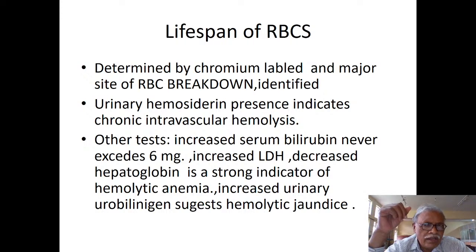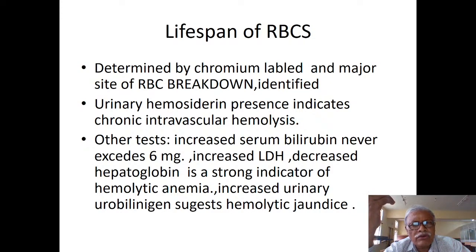Usually, as we know, the lifespan of RBCs is 120 days normally, with slight variation, of course, which can be determined in the lab by labeling the RBCs with chromium.